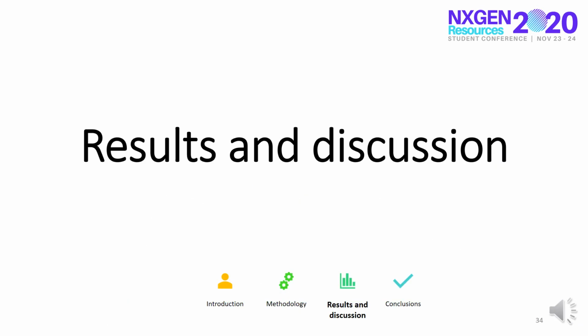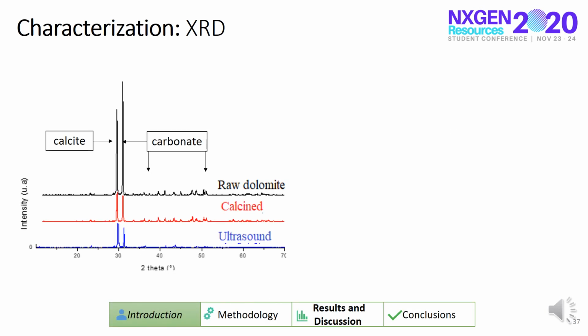Results and discussion of this work. X-ray patterns show that all solids are crystalline. In the X-ray patterns for raw and physically modified dolomite, the solid presents several diffraction peaks that have been attributed to carbonate phase and calcined phase.